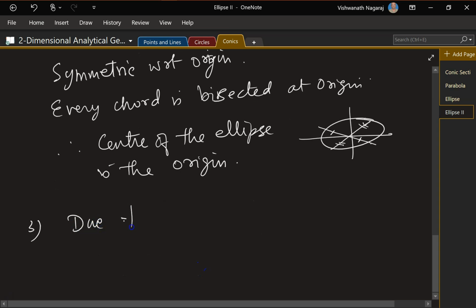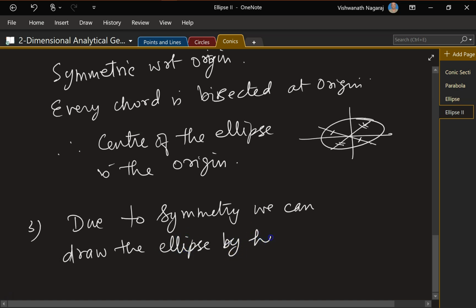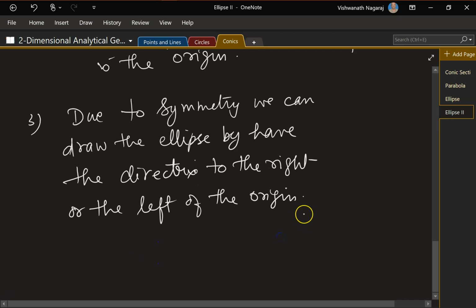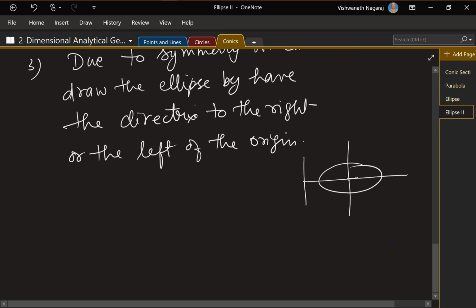Due to symmetry, we can draw the ellipse by having the directrix to the right or the left of the origin. So if we drew it like this is the directrix and this is the center, origin, we will get an ellipse, and if we draw using a directrix on this side, we will get the same ellipse because of this symmetry.